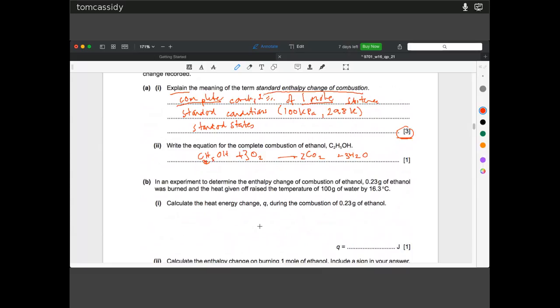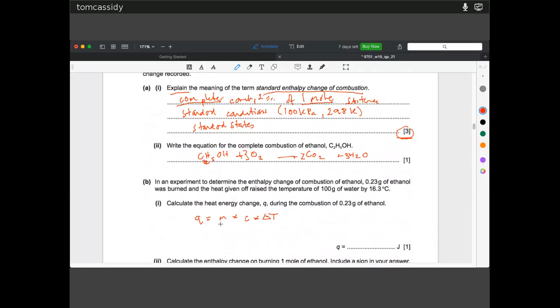So we've got a definition up there, we've explained it, and then we've written the equation there, and now we're getting on to some practical work. You've got to calculate the enthalpy change when we're burning this amount of ethanol. You need to know that the heat is mass times the specific heat capacity, which has a symbol C, times the change in temperature.